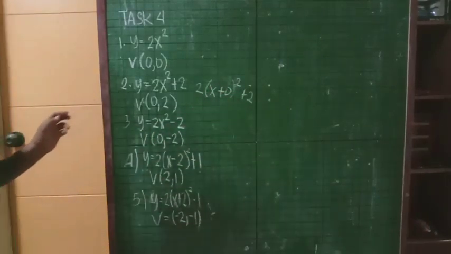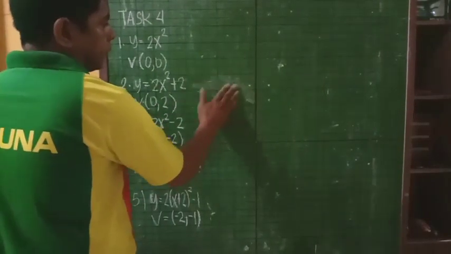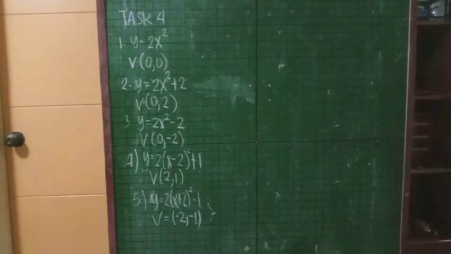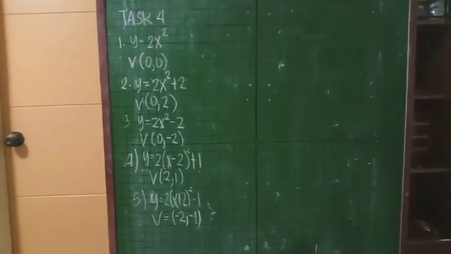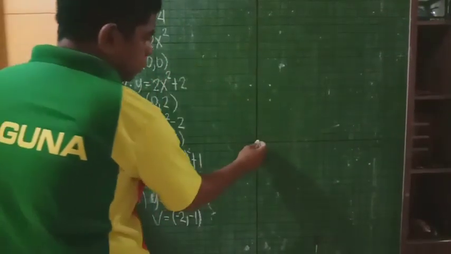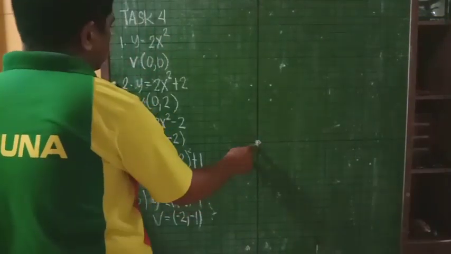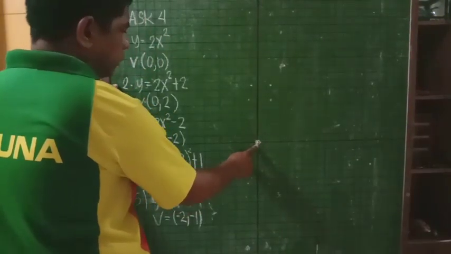Okay. So ipa-plot na natin yung points. So, plotting the points of number 1, vertex is (0, 0). Number 2, that is (0, 2).